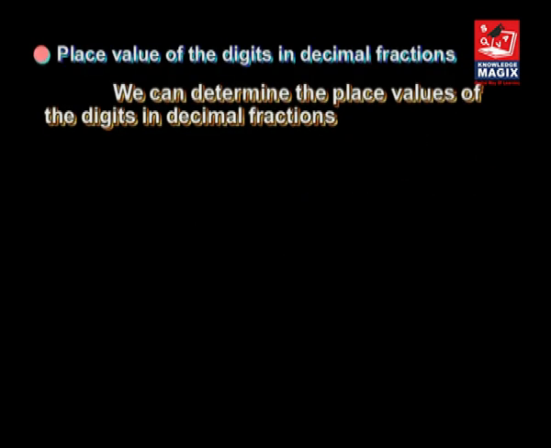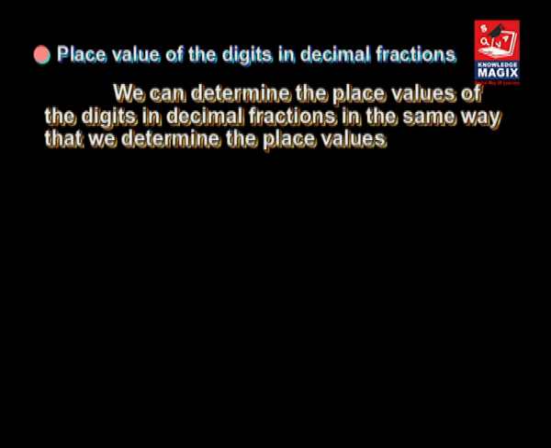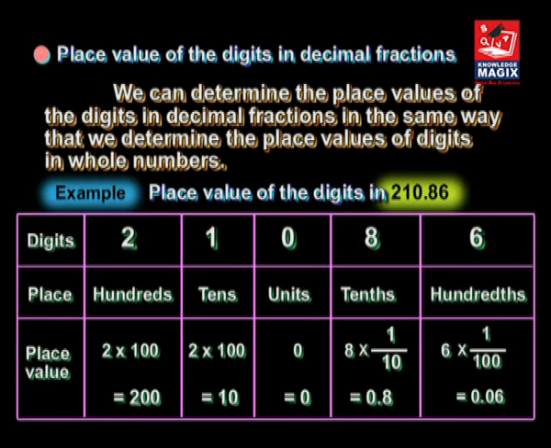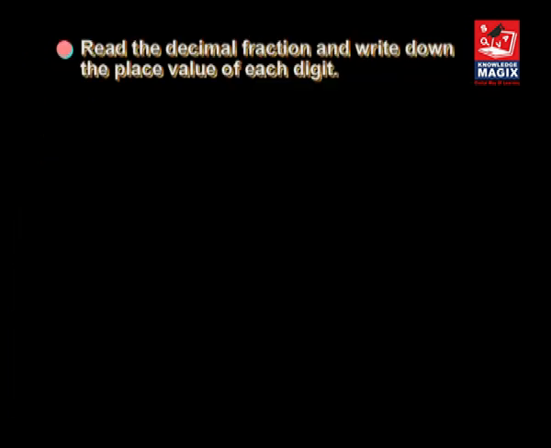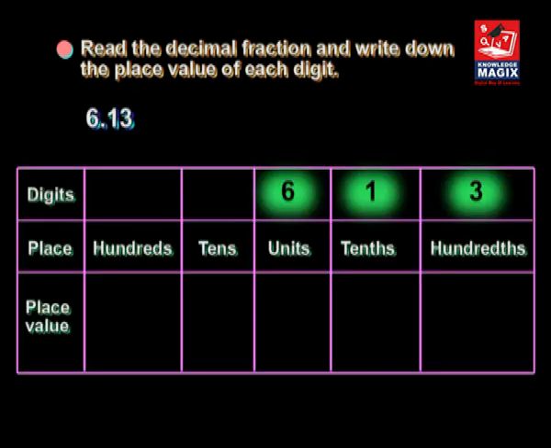We can determine the place values of the digits in decimal fractions in the same way that we determine the place values of digits in whole numbers. For that, we have to make a chart like this. Now read the decimal fraction and write down the place value of each digit. 6.13. We'll put the digits in the given chart.